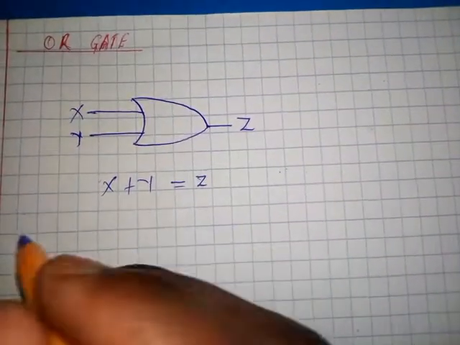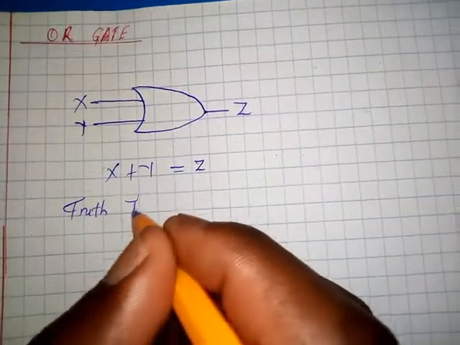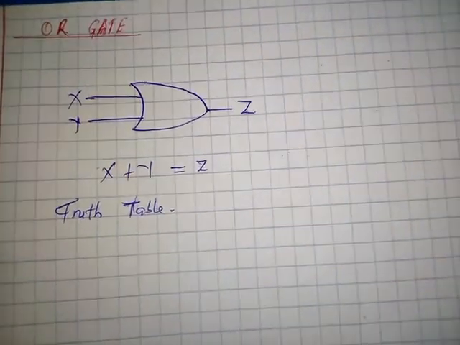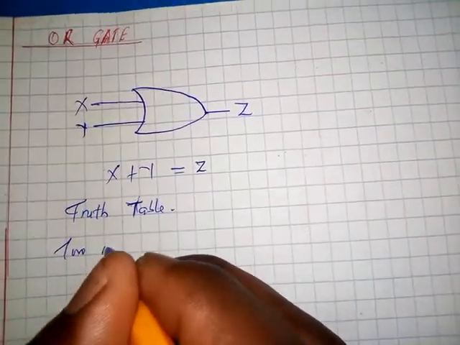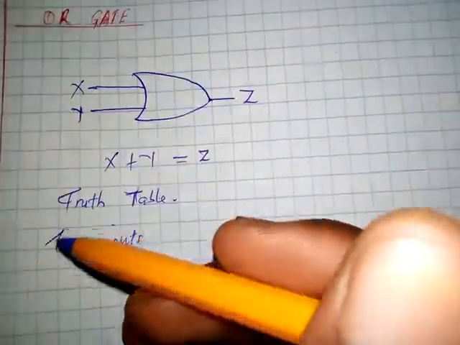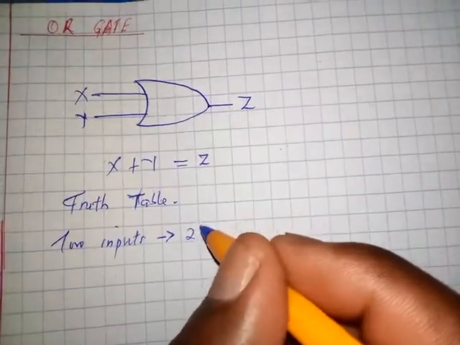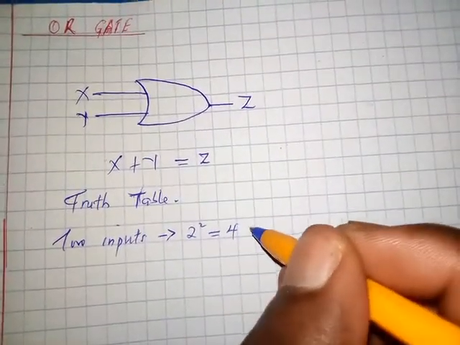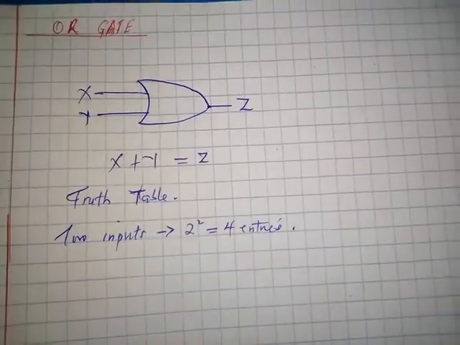Here is the truth table for OR gate. We have two inputs, X and Y, which implies 2 raised to power 2 is equal to 4 entries.